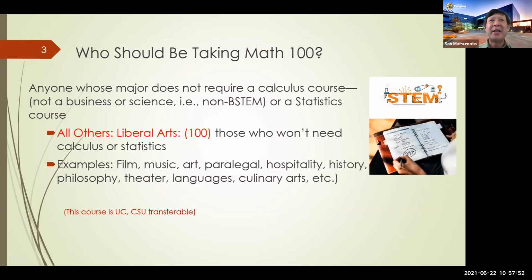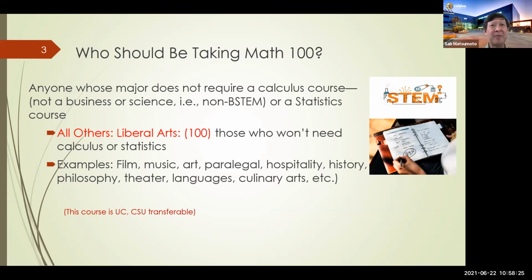So who should be taking Math 100? Well, basically, it's anybody whose major does not require a calculus course, whether it's a business calculus or math and science calculus class. In other words, if you're a non-business, non-STEM, non-B STEM student, and if you do not need to take statistics, okay? So these students who do not need statistics or calculus can take liberal arts math, which basically is a replacement for a calculus or a statistics class.